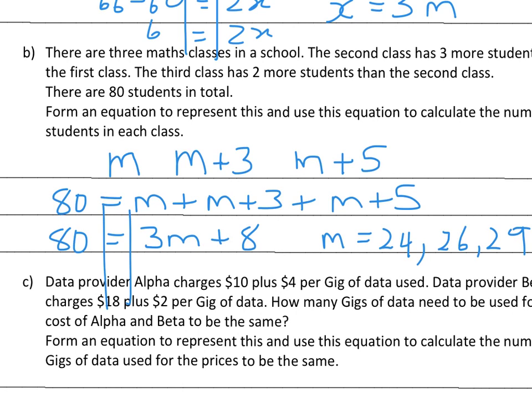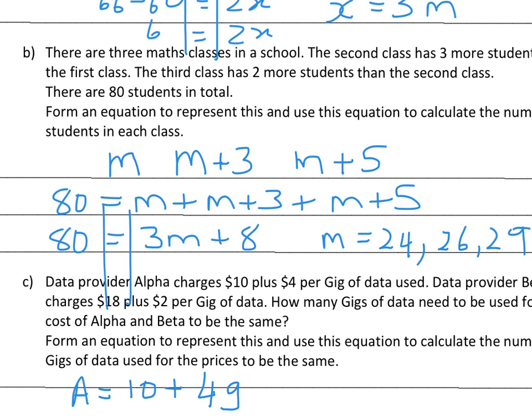Okay. The C question: data provider Alpha, so Alpha is the name of the company. It charges $10 plus $4 per gig of data. So $4 times every gig of data.